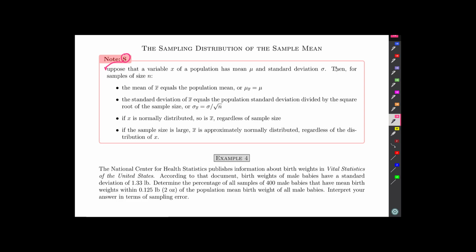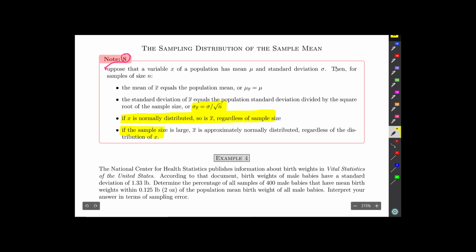Then for samples of size n, the mean of X bar is equal to the population mean. The standard deviation of X bar is given by sigma sub X bar equal to the population standard deviation divided by the square root of the sample size. If X is normally distributed, so is X bar, regardless of the sample size. So that goes back to our IQs, because IQs are normally distributed.